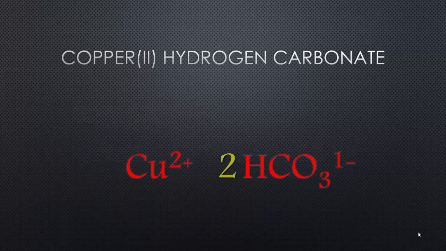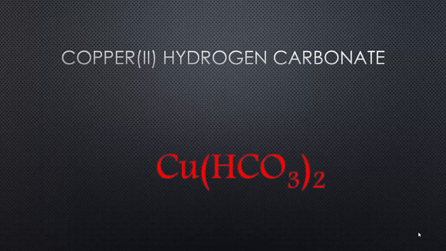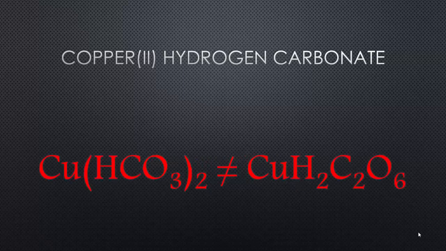Now it'll take 2 hydrogen carbonates to cancel out the total charge on the copper 2 ion. So copper 2 hydrogen carbonate is written this way, parentheses around the polyatomic ion, followed by the subscript. You may not distribute the two because these two chemicals are not the same thing.